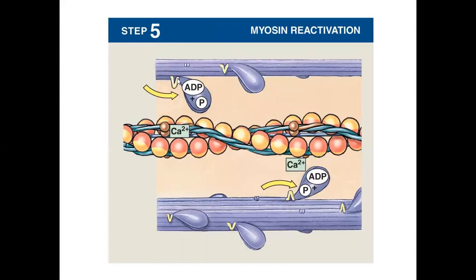There it is. It straightens out, it cocks itself, ready to repeat the cycle. Now, if the cycle were to repeat, it will attach to the actin, it will fold itself, pulling, and then repeat the whole cycle, detaching, causing another active site to come in place, and pulling it again. So it is a cycle.